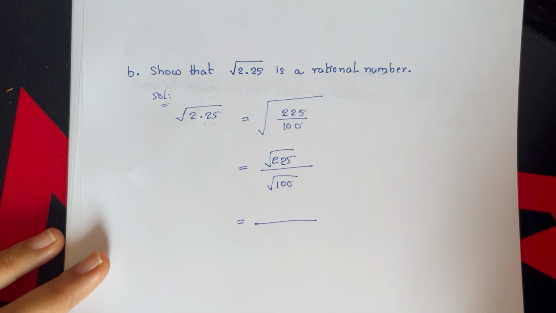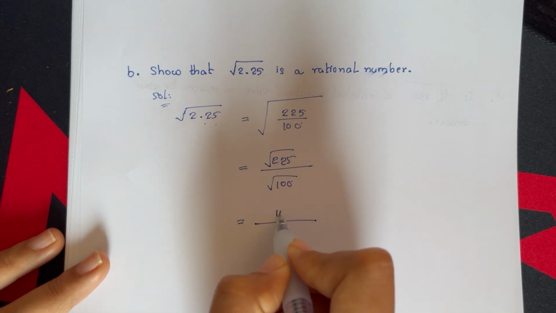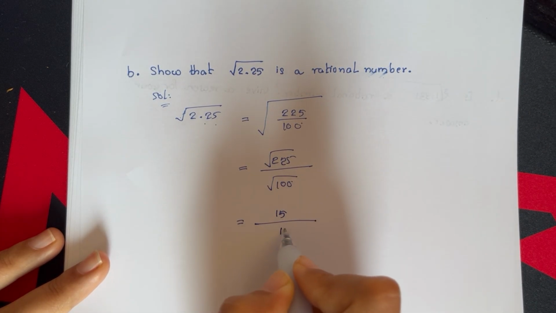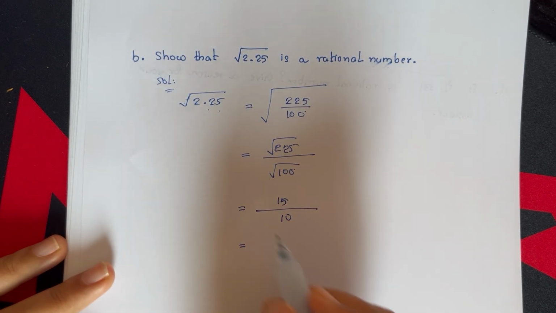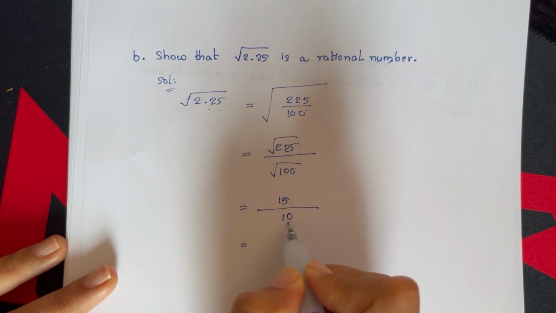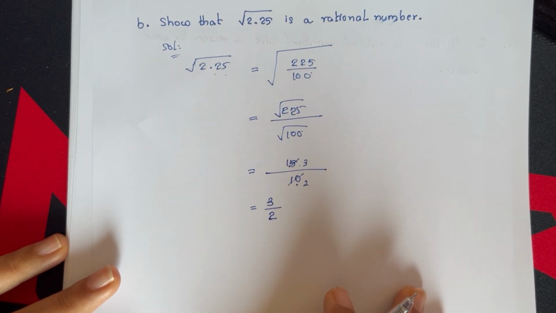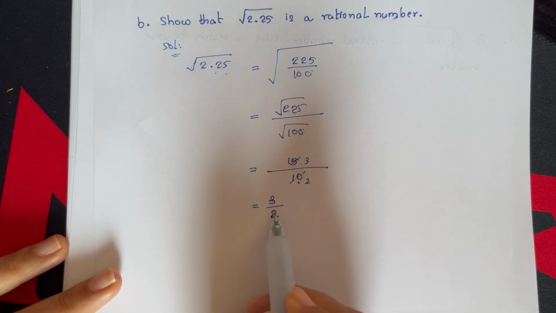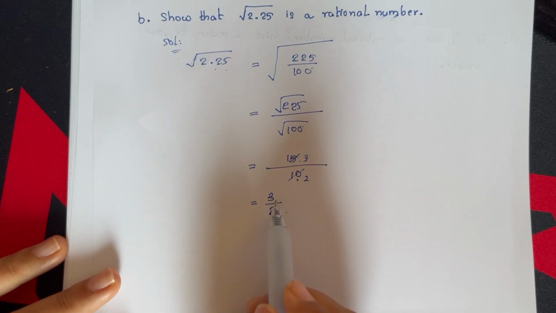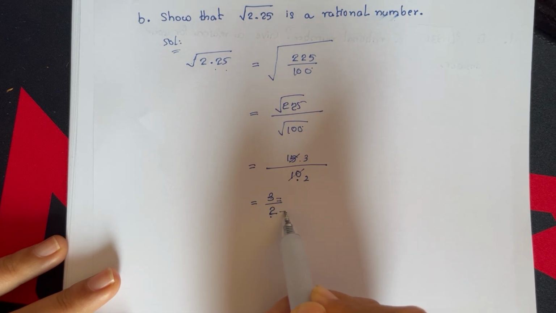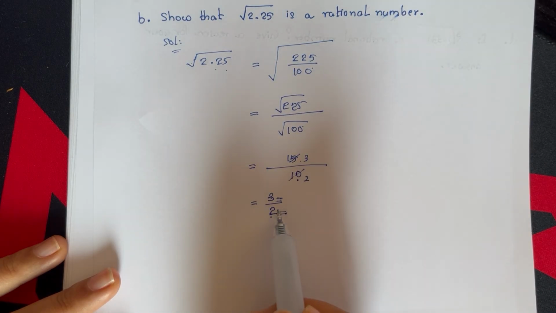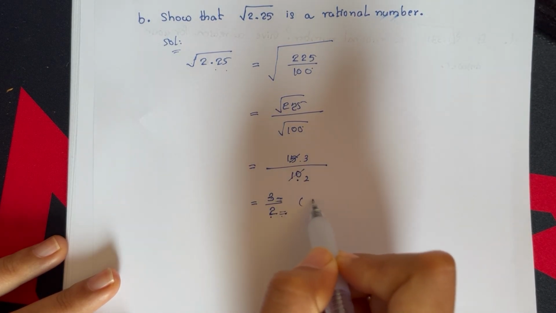Root 225 means 15 and root 100 is equal to 10. So 15 and 10, 5 two times and 5 three times, so it will be 3 by 2. So 3 by 2 is a fraction of two integers, 2 is an integer and 3 is an integer. So it's a fraction of integers, so this is a rational number.